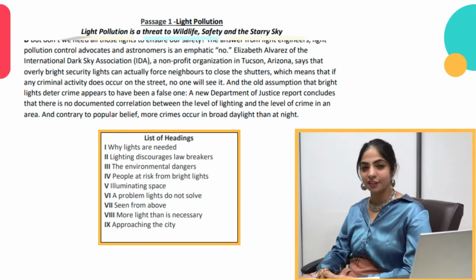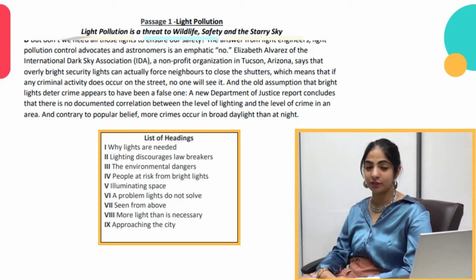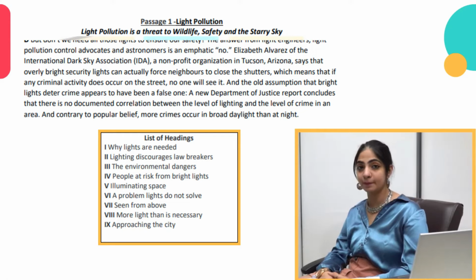In this paragraph, the writer, or basically, it was talking about an argument going on. Well, in the very first line, this started with the question of whether all this light ensures our safety or not. And in the very next line, they have mentioned no, that lights cannot ensure safety.